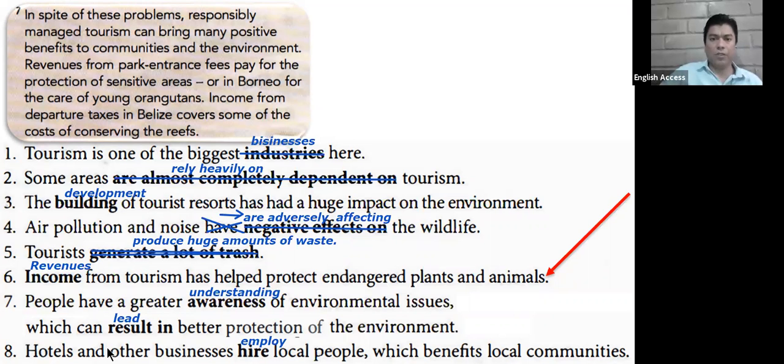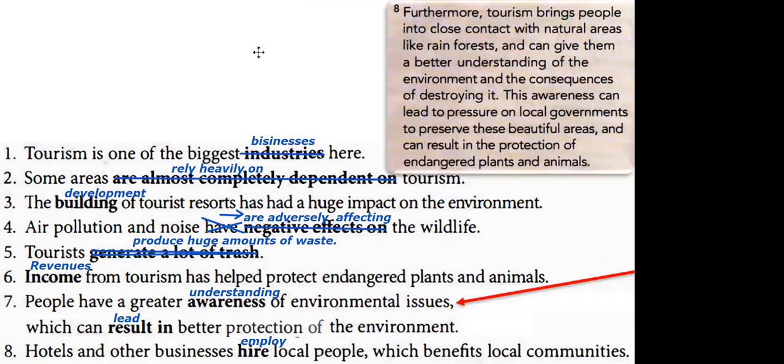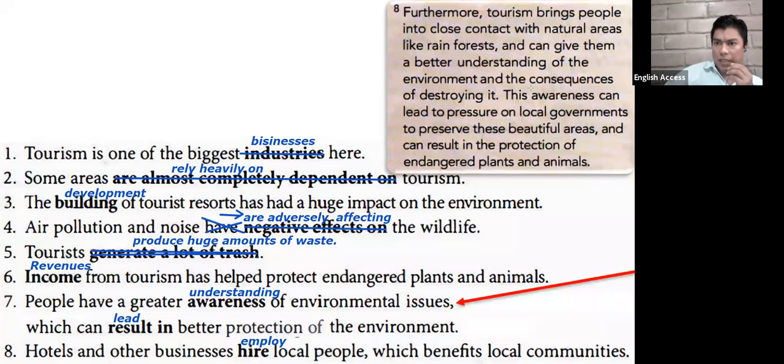All right, let's continue. What's the next one? The next one would be 7. People have a greater awareness. What paragraph is that? 8. Paragraph 8. And where is awareness? It's right here, awareness.